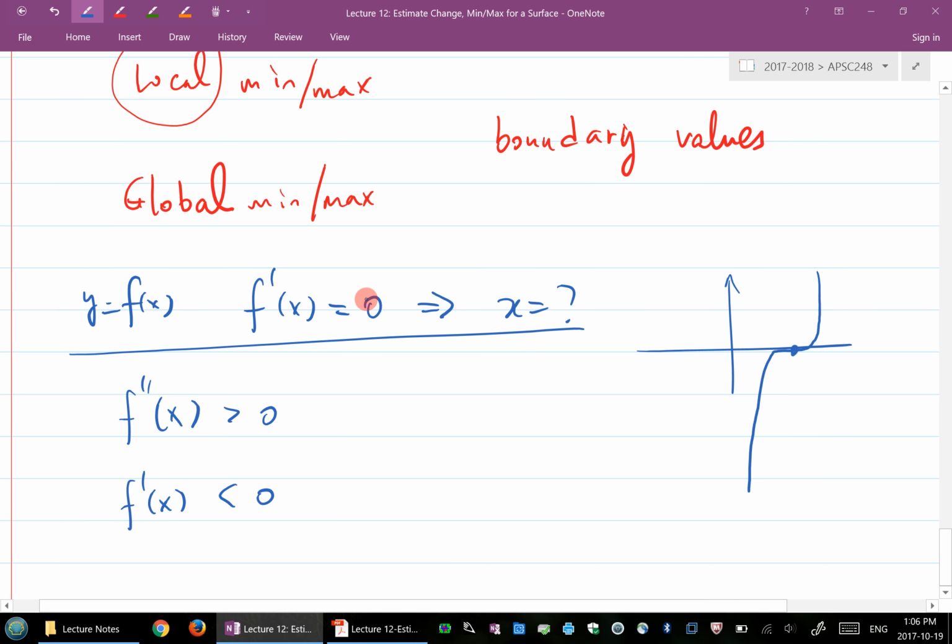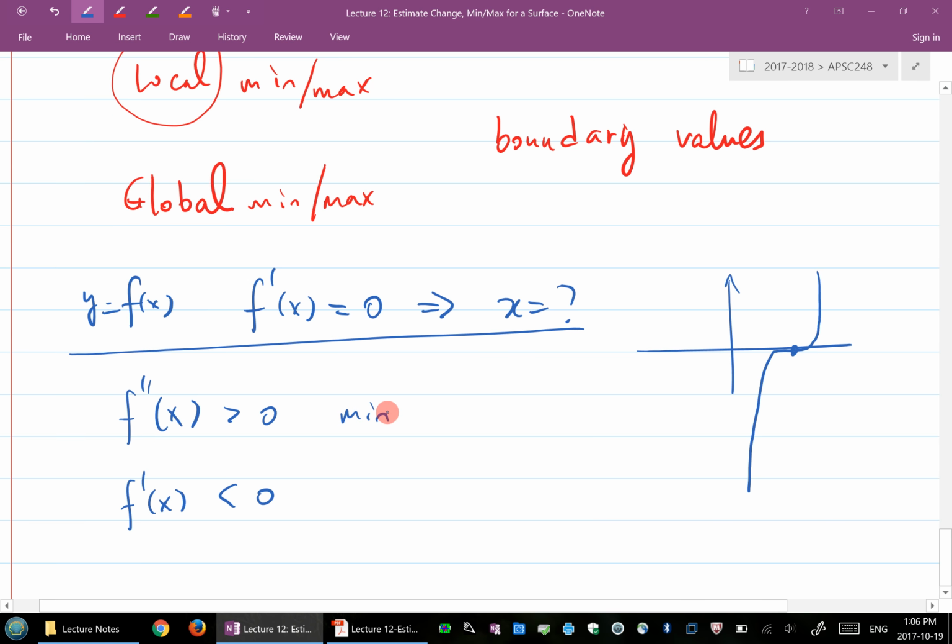If the second derivative is greater than 0, is it a min value or a maximum? It's a min, right?